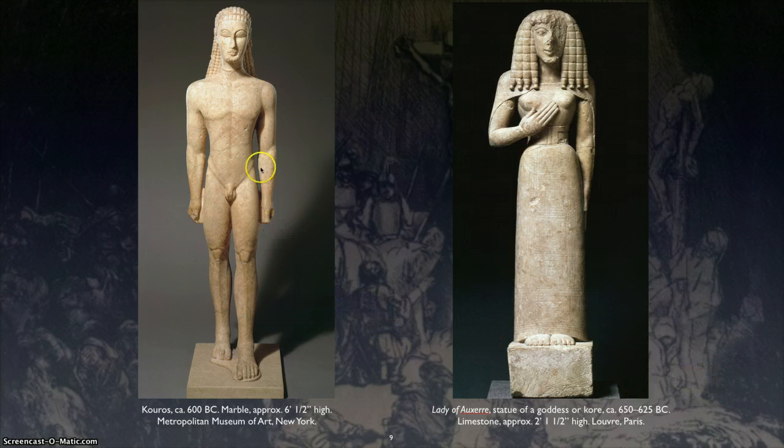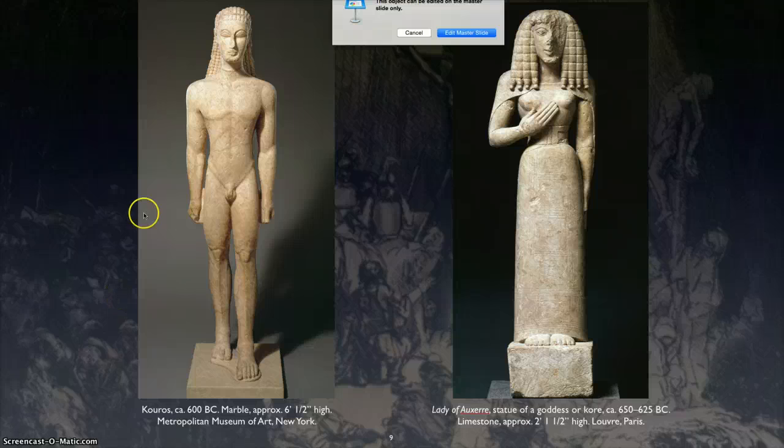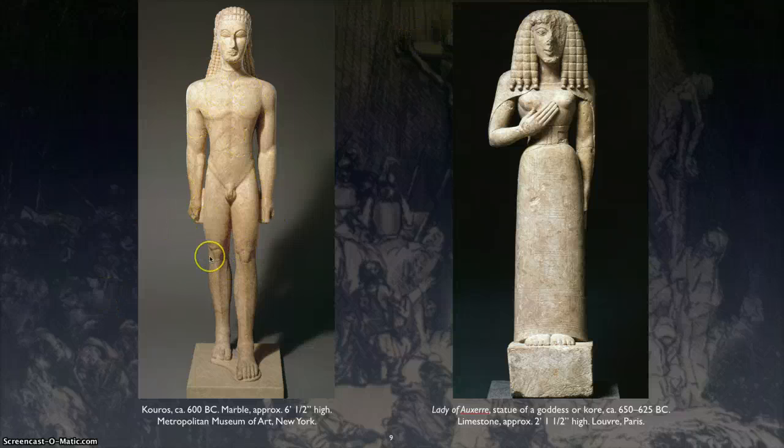If you look at this Koros, which is a male figure, this is actually a gravestone, a grave marker for a warrior. It's very stiff. The eyes are almond-shaped, the knotted hair, the simplified anatomy.